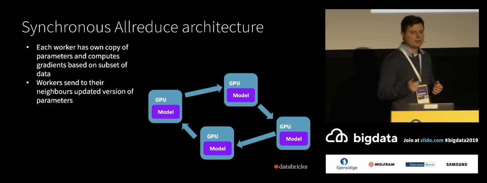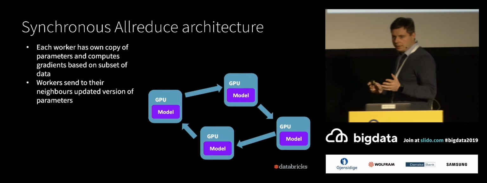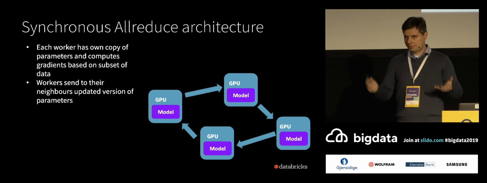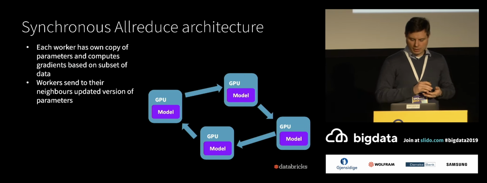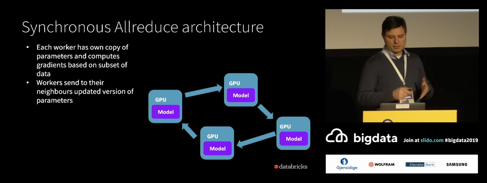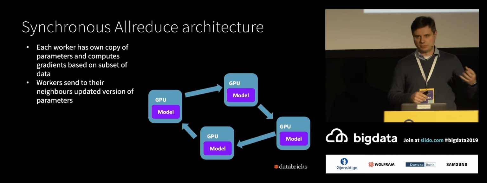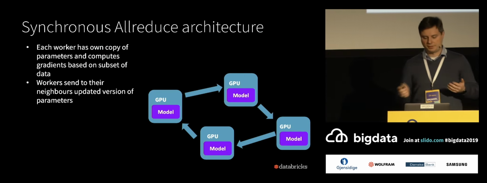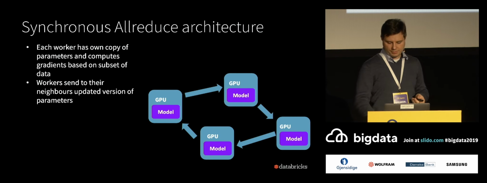Another requirement is that we have a really good network, or that we just do the training on one node, but with multiple GPUs. That's also a good option. With this approach, we don't have a parameter server. Every node has its own version of the model, and after the training steps, they exchange the gradients, and then they just average all the gradients.